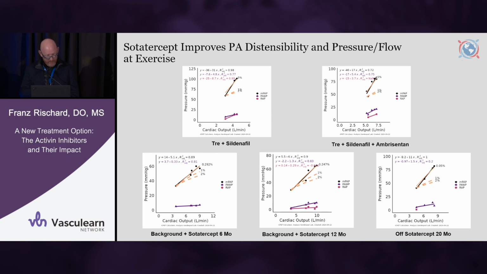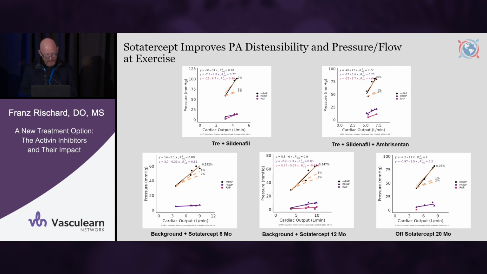So if we look here, according to these exercise data, distensibility is obtained during exercise as we map out the curvilinear relationship of pressure and flow, which is normal. And to the point earlier, what is normal? Well, there is not a great reference range for distensibility, but close to about 1.8 to 2% is probably normal.